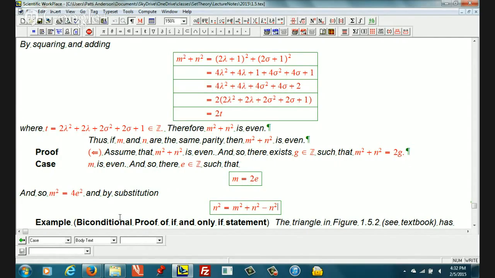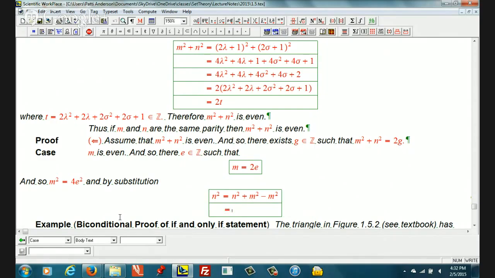I add and subtract m squared. Yeah, we want an n squared here. This should be an m squared, and this should be an m squared. Yeah. Add and subtract our m squareds.